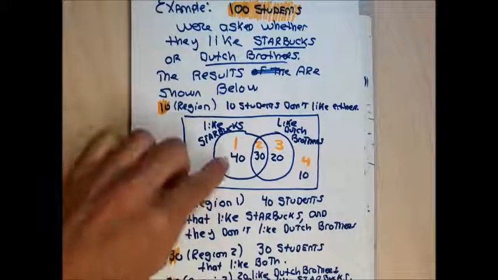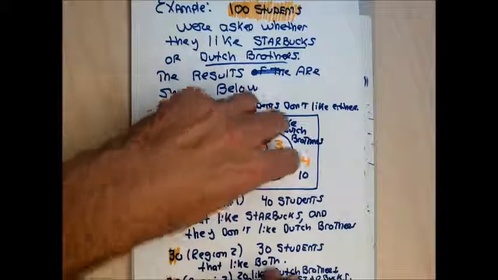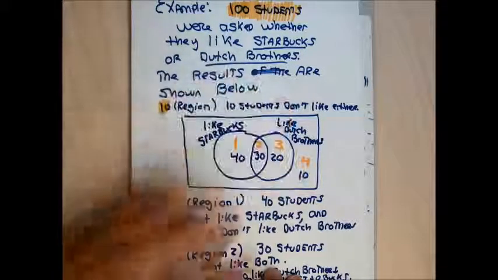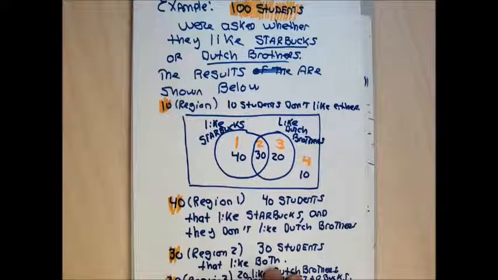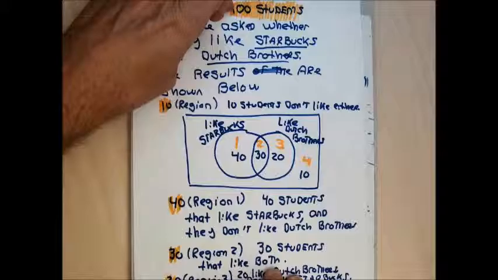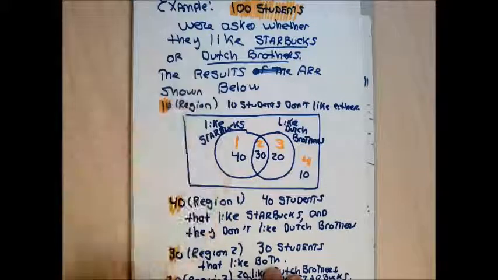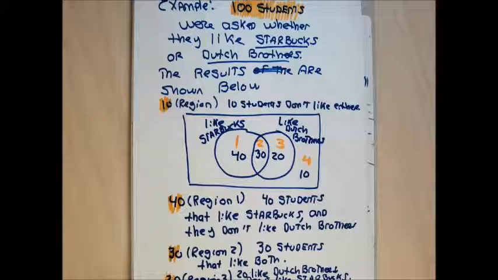And if you add up the 40 students, 30 students, 20 students, and 10 students, this adds up to 100 students. The numbers inside the Venn diagram need to represent every student that was surveyed. It can't have more than 100 students nor less than 100 students, or something is wrong. All right, so let's keep going with this.